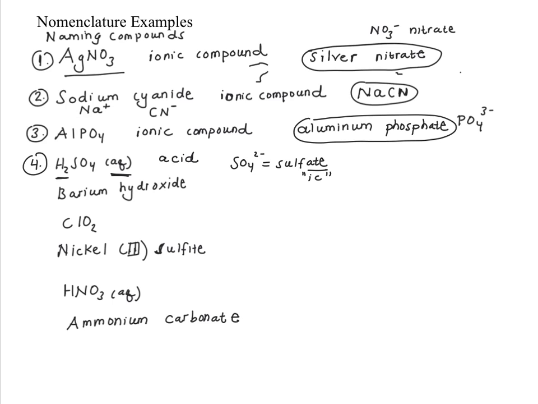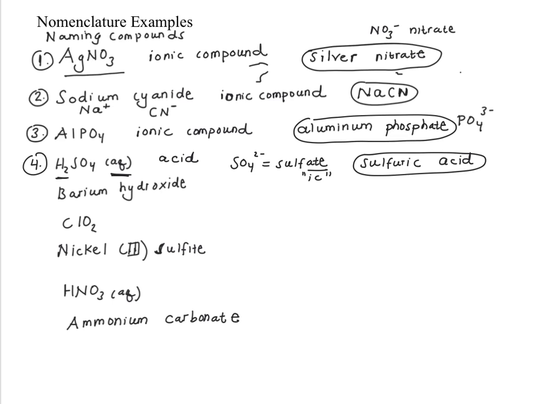So we'll rename this as sulfuric. And we have to put acid as the second part of naming this acid. So the first step was identifying that this was an acid. Since this was an acid with a polyatomic ion, ate becomes ic, so now it's sulfuric, and then we always have to end with acid.